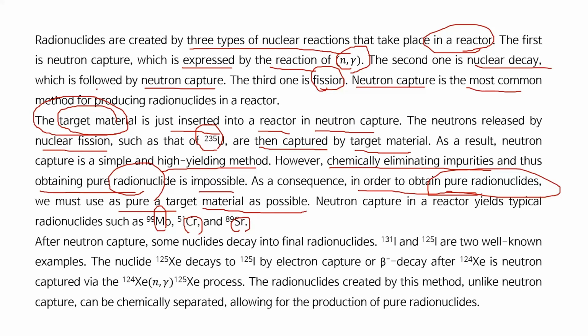After neutron capture, some nuclides decay into final radionuclides. Iodine-131 and iodine-125 are two well-known examples.